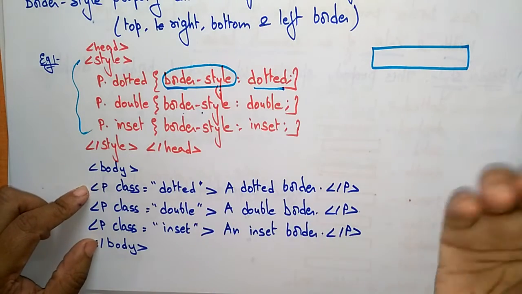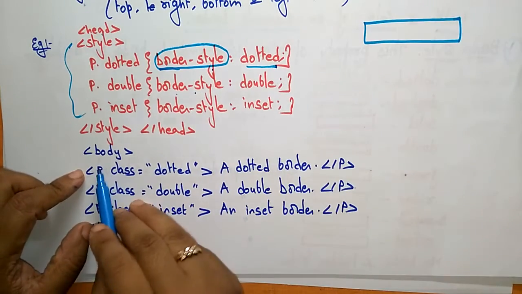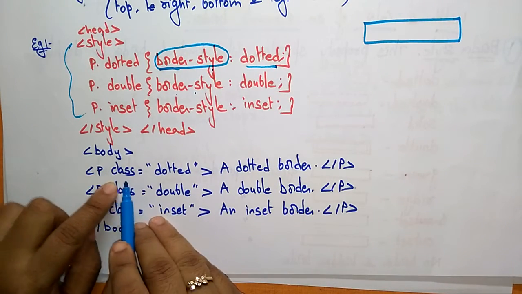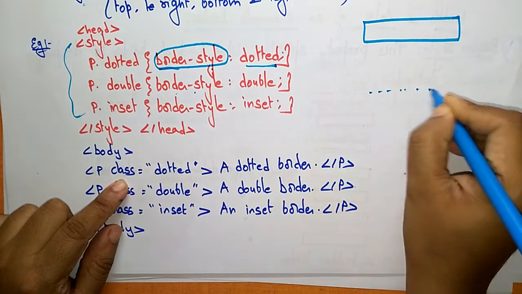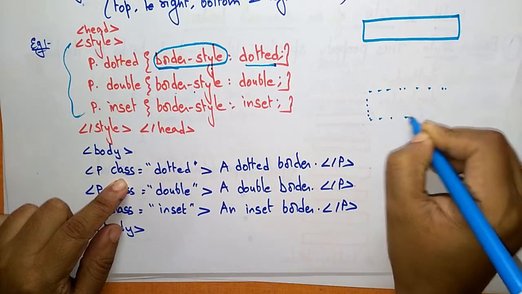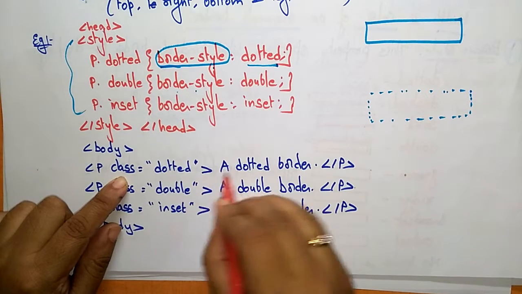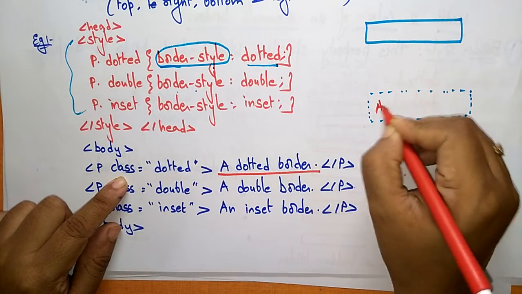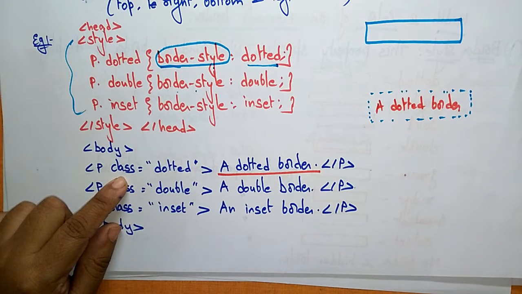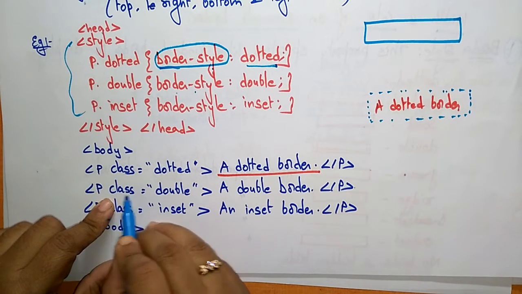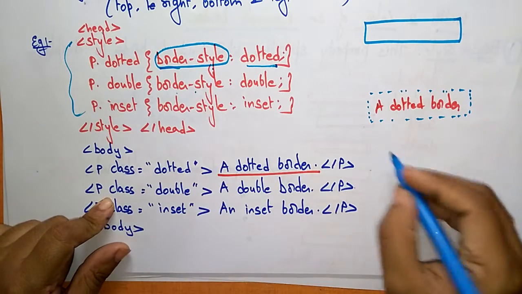Now write whatever text has to be placed inside the border. In the body, just call p class is equal to dotted. So now the dotted border is going to open. So this will be the output. Inside the border, this text will appear, a dotted border. Next we're calling p class double. So what is the double border style?